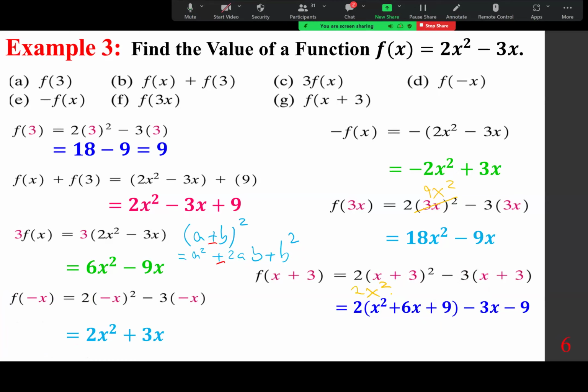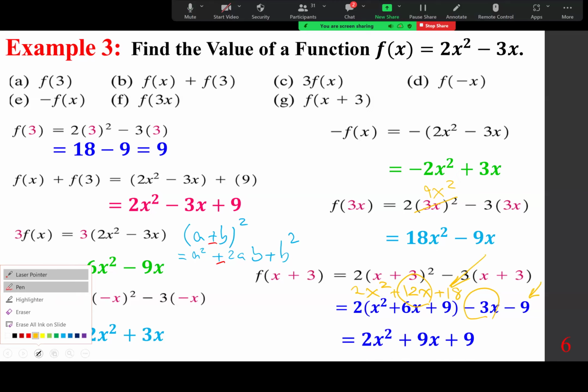We get 2x squared plus 12x plus 18. 12x and negative 3x add up to 9x. 18 and negative 9 add up to 9. And the final answer is 2x squared plus 9x plus 9.